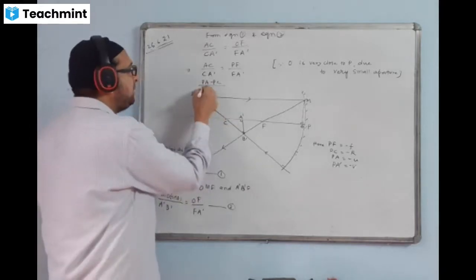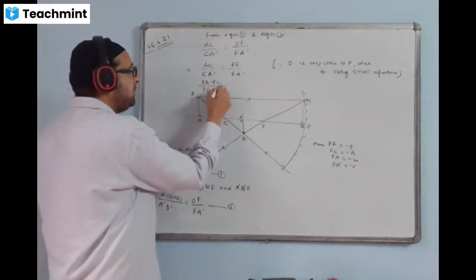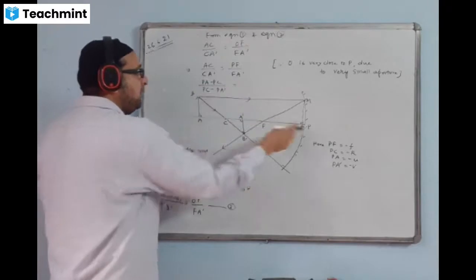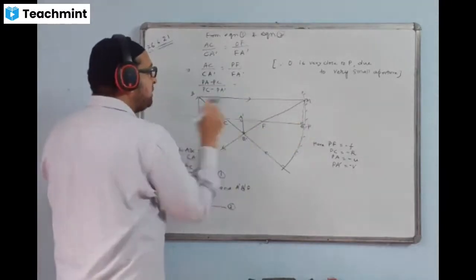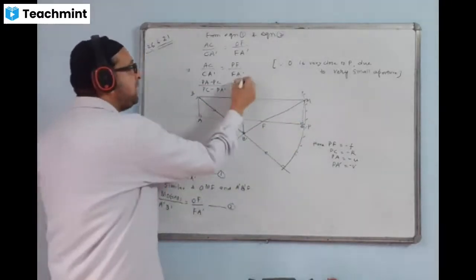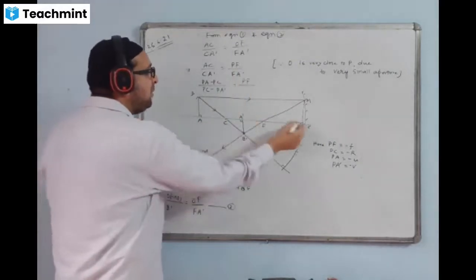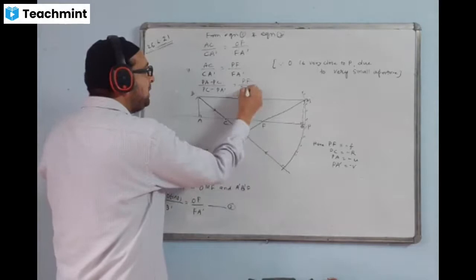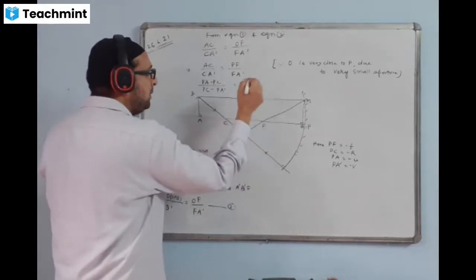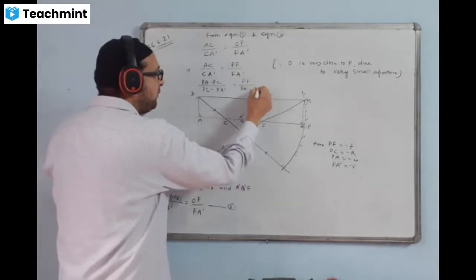CA dash value I write as PC minus PA dash. PF I keep as it is. FA dash value I write as PA dash minus PF.